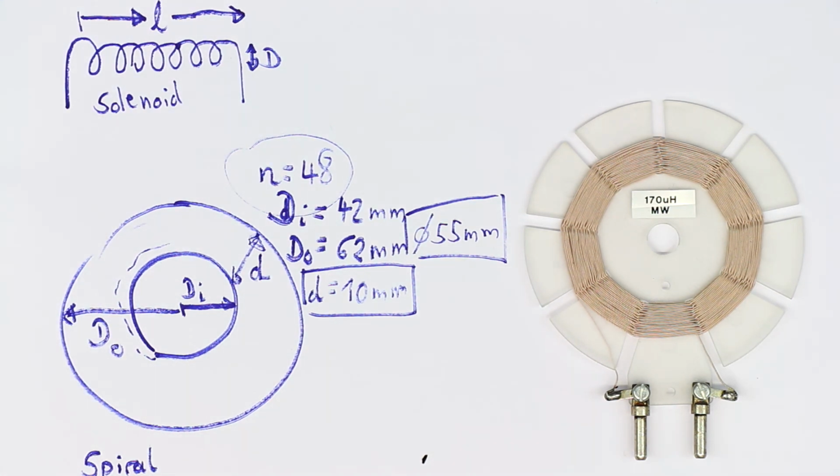But anyway, we get some useful results, although they are not 100% consistent with reality when trying to calculate the properties of ferrite-rod and spiral wound coils.